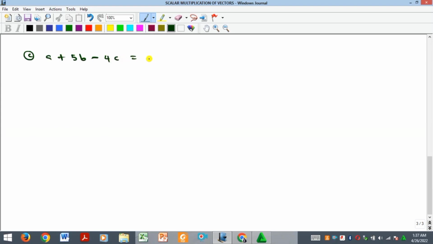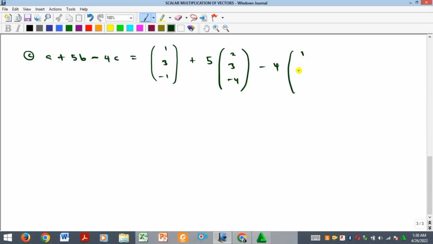Our A here doesn't have any scalar multiplier, so we just return what we have, which is 1, 3, minus 1, and then plus 5 into our b, which is 2, 3, minus 4, and then minus 4 into our c, which is 1, minus 1, 1.